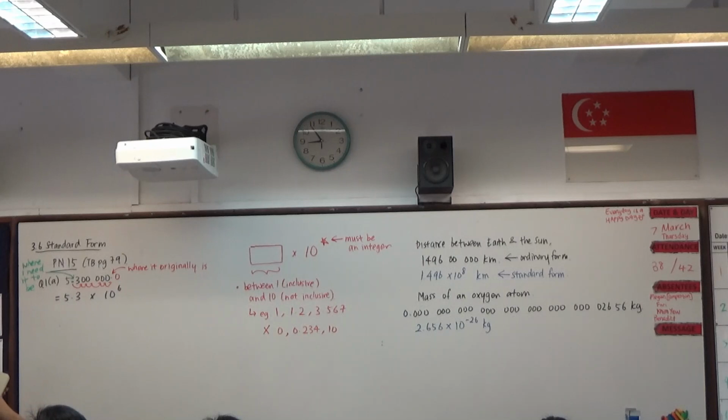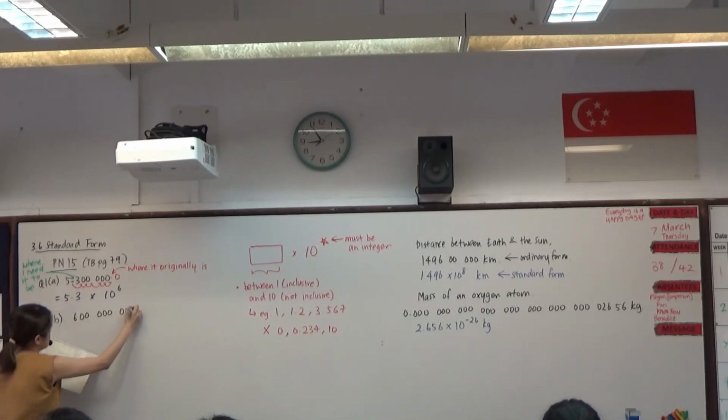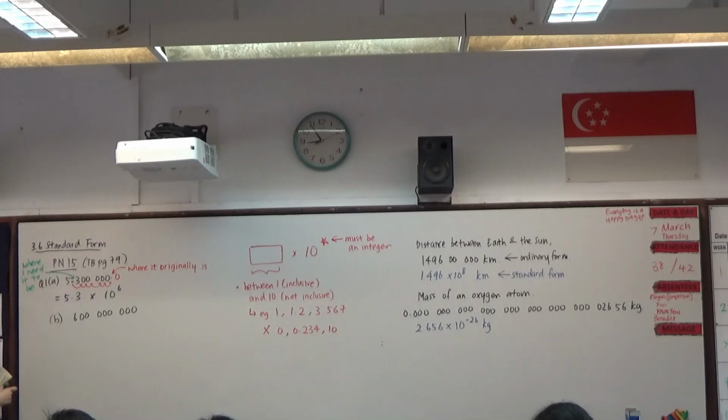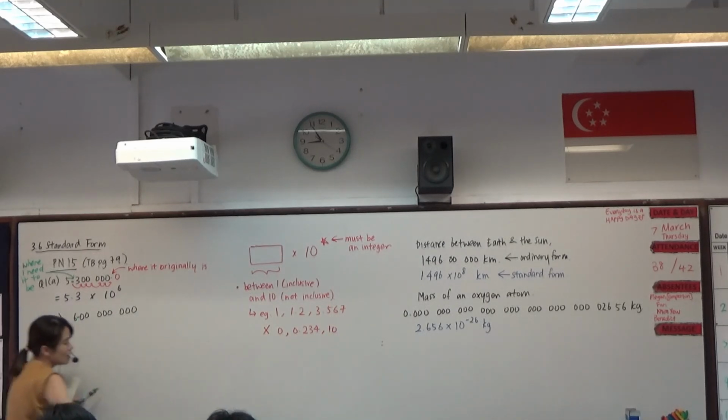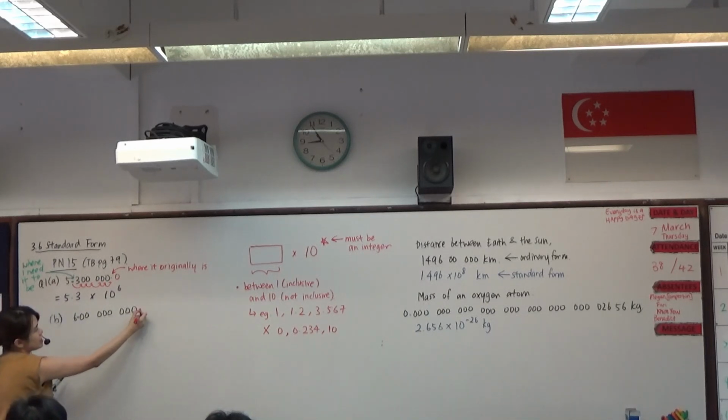Let's try one more. 600 million. Over here I need my decimal place to be here, but the original position is actually over here at the end of the whole number.